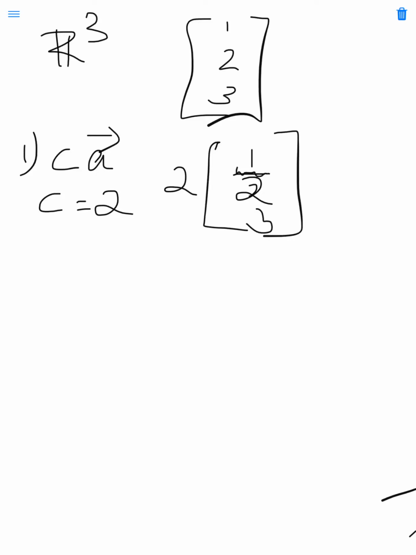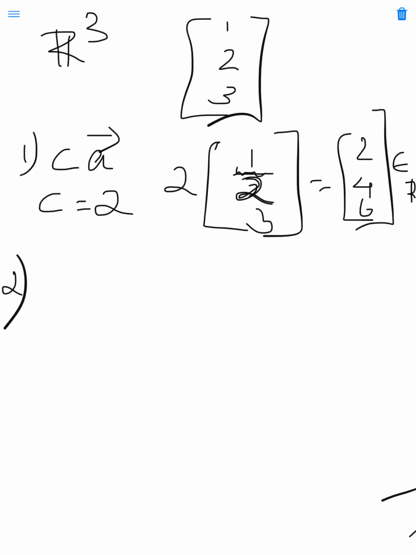You will get 2, 4 and 6. This also belongs to the real vectors, isn't it? All the elements belong to the real numbers. So the result is also a real vector with 3 components. Then what needs to be done second? You need to check for addition.